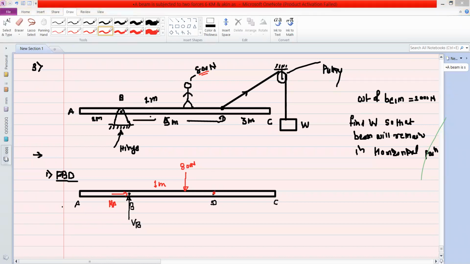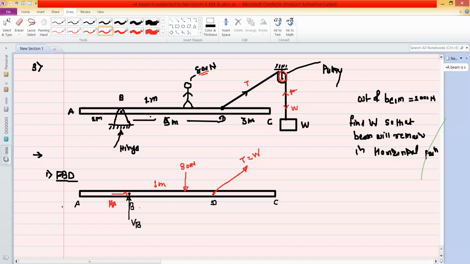For the cable support, show the vector in the direction of that cable, and this is the tension in the cable, and this cable is passing over this pulley. So tension on this side is equal to tension on this side, and this tension is equal to the weight W. So we can say T is equal to W.